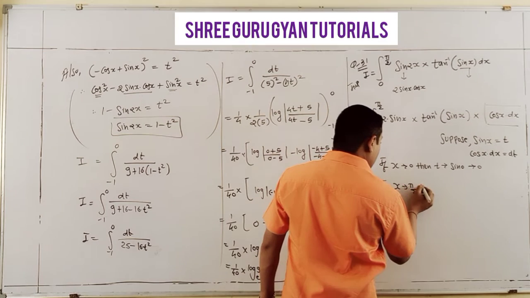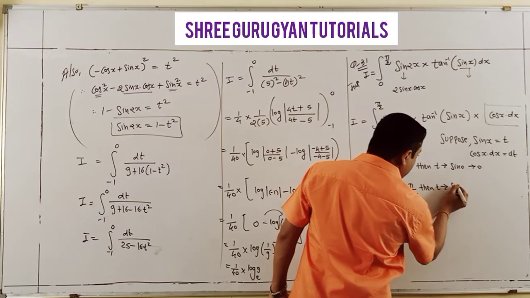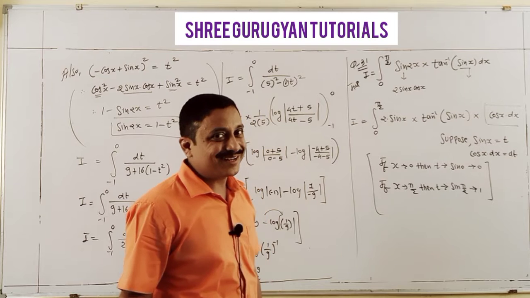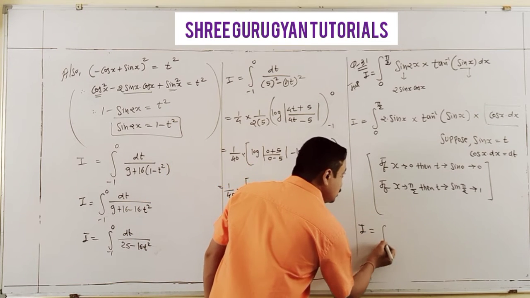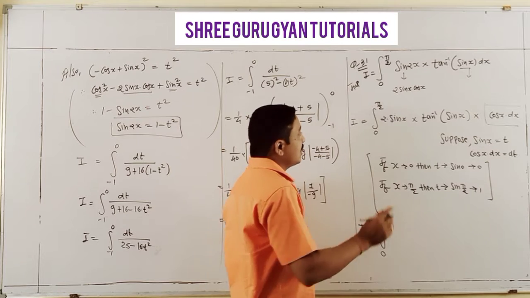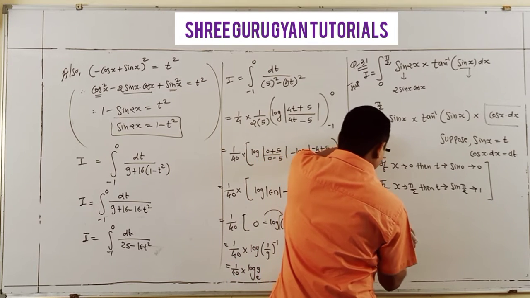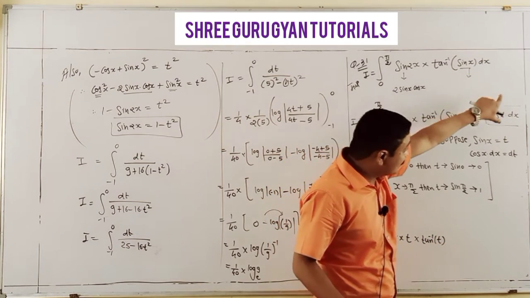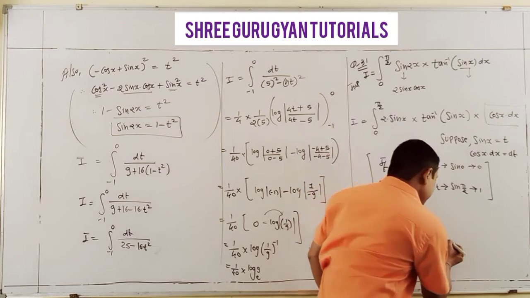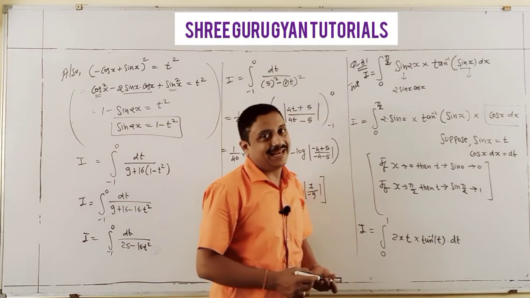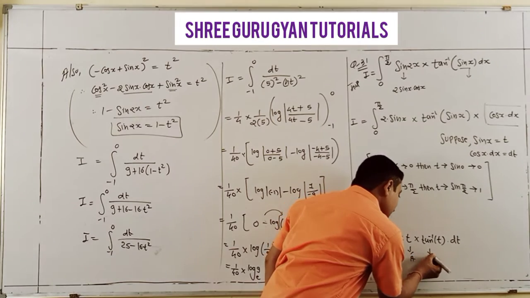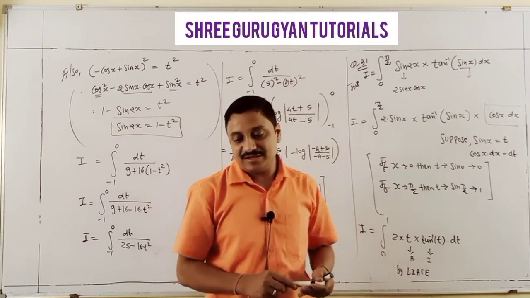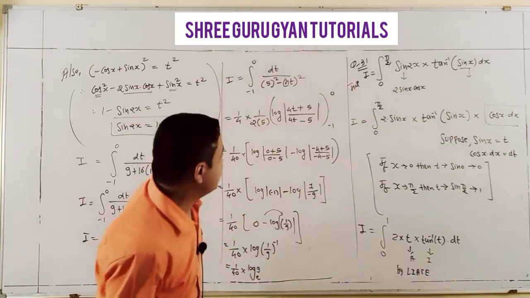If x tends to pi by 2, t tends to sin pi by 2, and sin 90, students, how much? 1. So you have 0 to 1 as the limits, here 2t, that is tan inverse t, and this dt. Now apply LIT. Consider this inverse function first by LIT. I prefer my solutions and I get the answer easily, students.